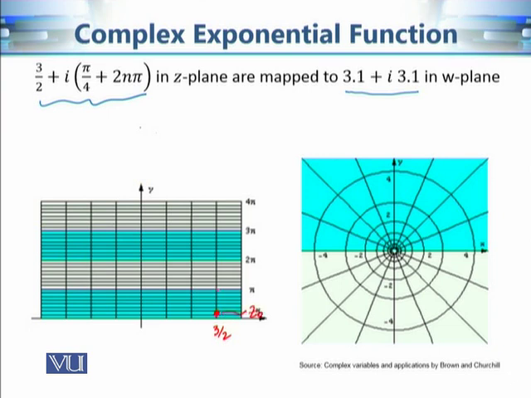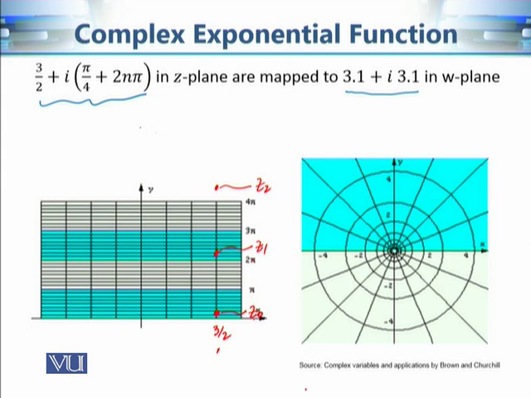And z1 is at a distance of 2π. You can see this is 0, this is π, this is 2π, so z1 is going to be somewhere over here, and similarly z2 is somewhere over there, and so on. We can move in any direction. All of these points on this line are going to be mapped onto the same point.